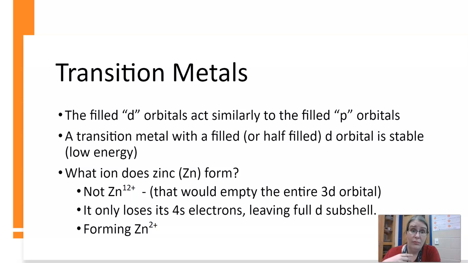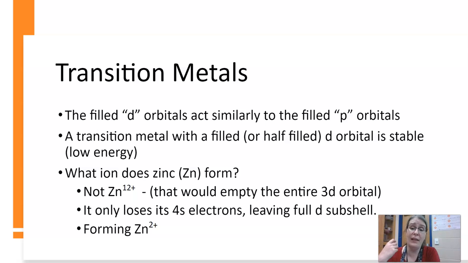That would empty the entire 3d orbital and get me back to the farthest noble gas. However, that's not the valence shell. The valence shell is the farthest out electrons, and those are in the 4s. So in fact, zinc would lose its valence electrons, those 4s electrons, and form zinc 2 plus.